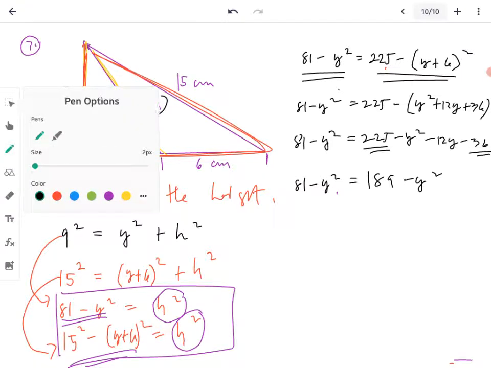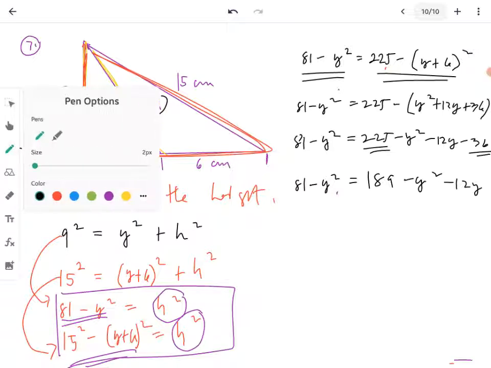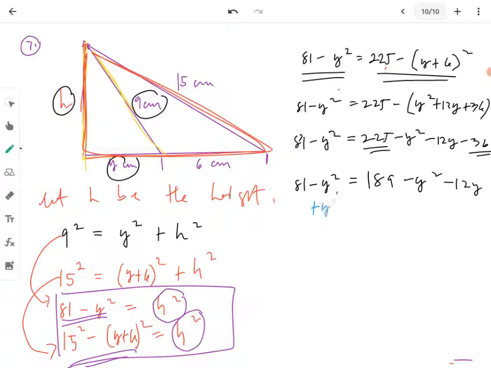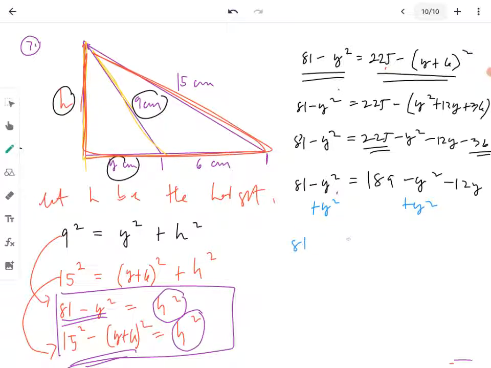As you can see guys, both sides have negative y square, so we can remove the y squares. We are left with 81 on the left, 189 on the right, then negative 12y.